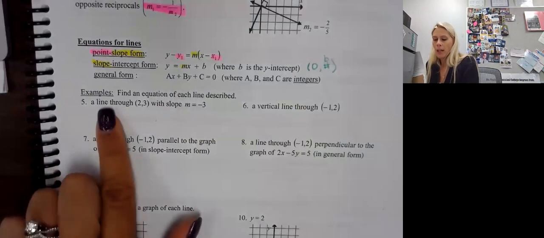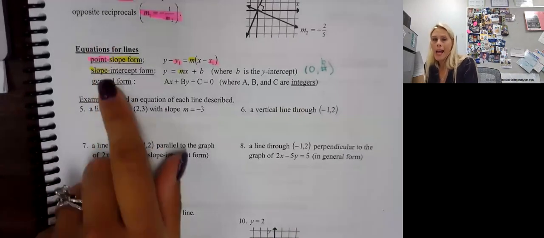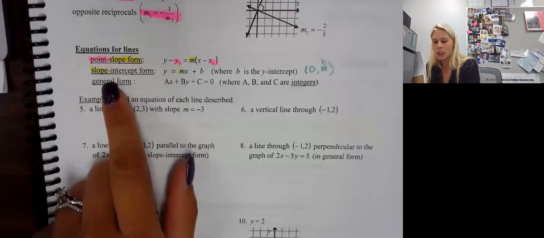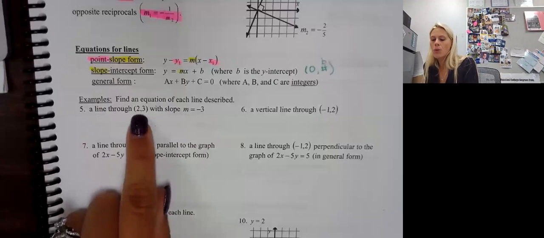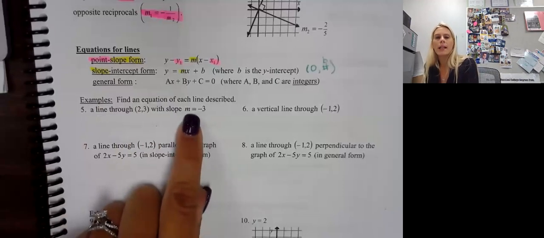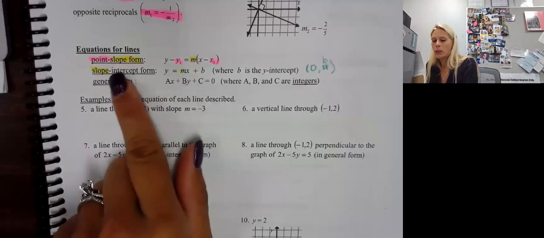So number 5, first of all, it says find an equation. So that means we could do any of these equations, okay? Because it's not specifically telling us what to do. So number 5, a line through 2, 3 with the slope of m equals negative 3. Well, we have a point and we have a slope. So can't we just use point slope form? Yes.